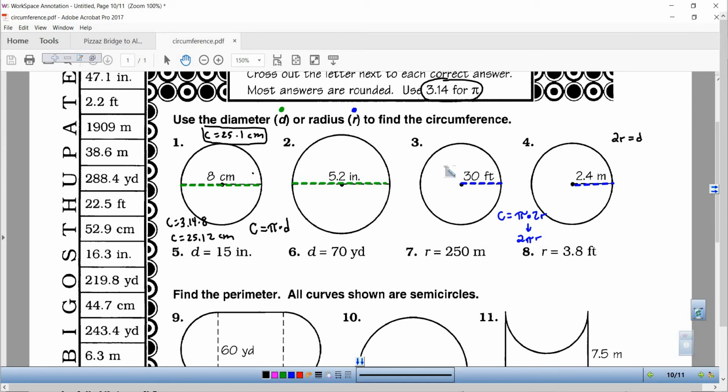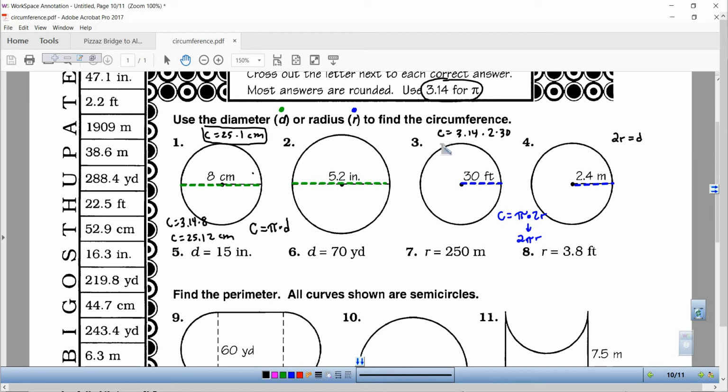All right, let's take a look at number 3. Again, we are using the radius, so it's going to be 3.14 times 2 times 30, because it's 2 times the radius to equal the diameter.